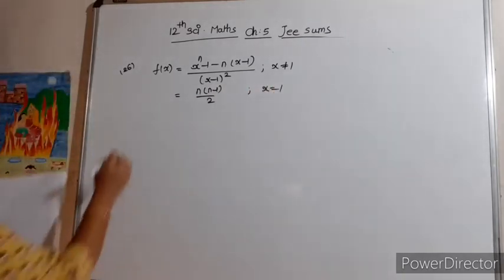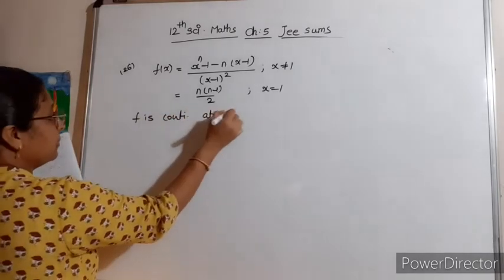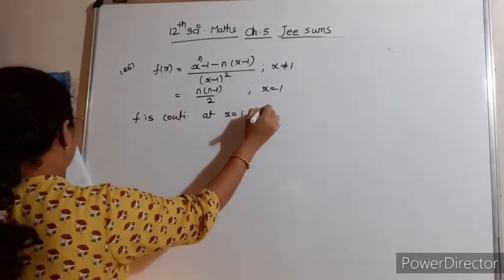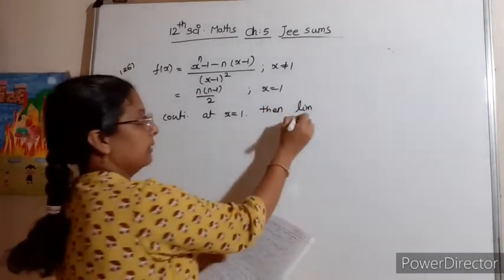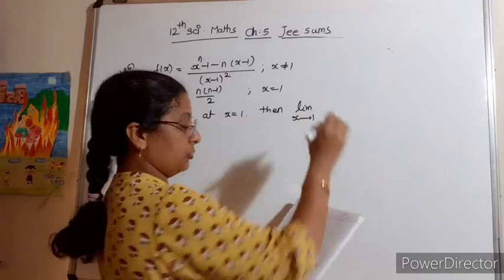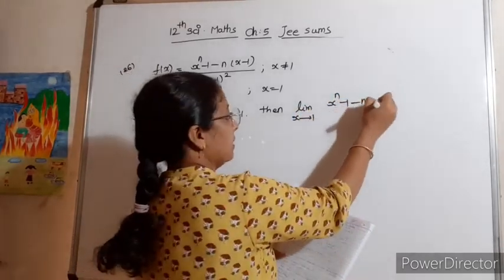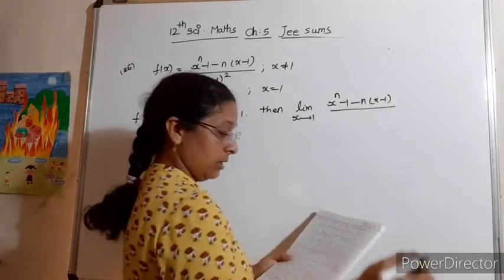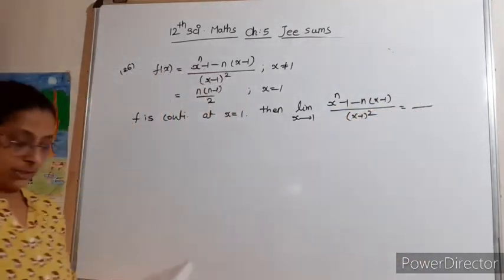Right? Then f is continuous at x is equal to 1, then limit x tends to 1, x raised to n minus 1 minus n x minus 1 upon x minus 1 whole square is equal to dash.